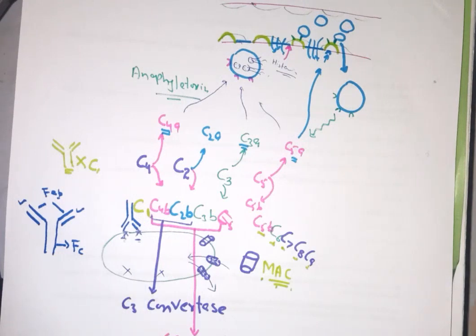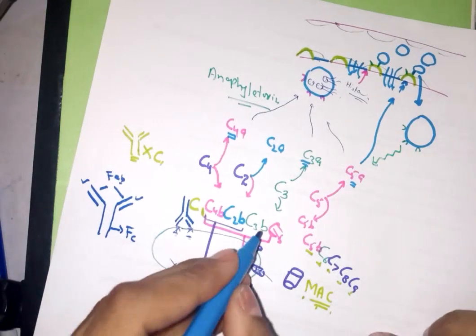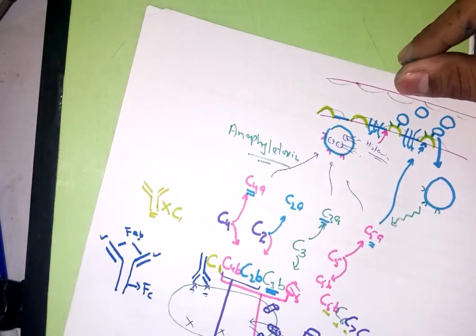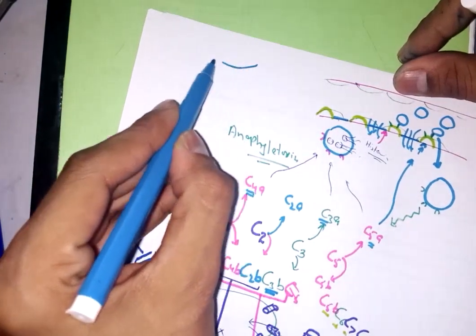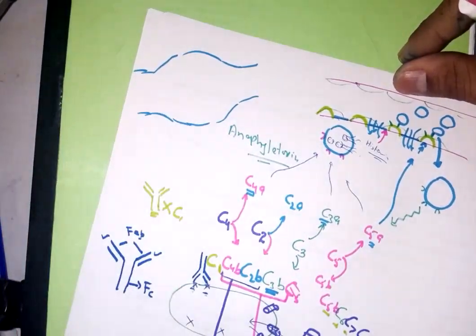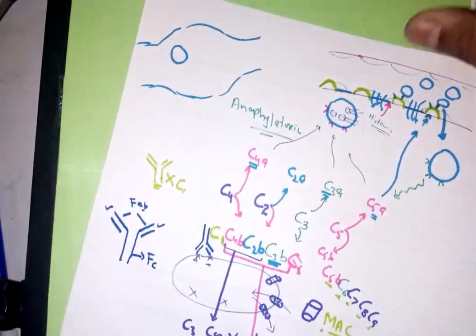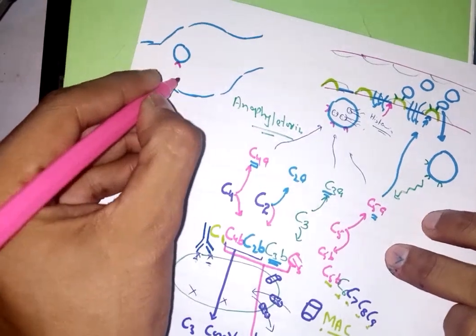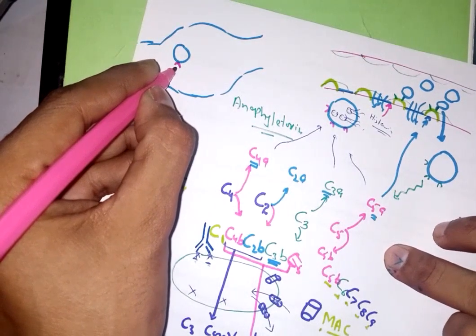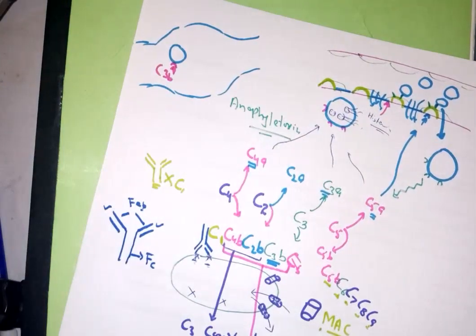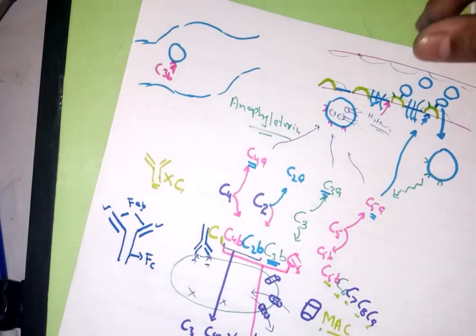One important function I would like to talk about is of this C3b. It also has a receptor on the B lymphocytes. We know that in the nearby lymph node, for example, this is a lymph node, B lymphocytes will be present, and when this C3b goes and acts on the B lymphocyte, it will increase the proliferation and differentiation.